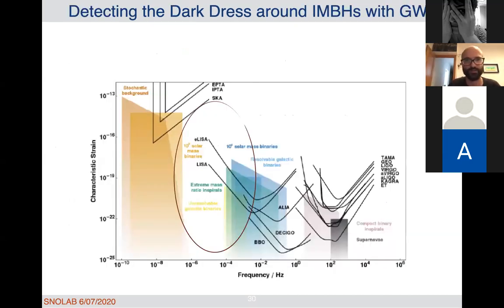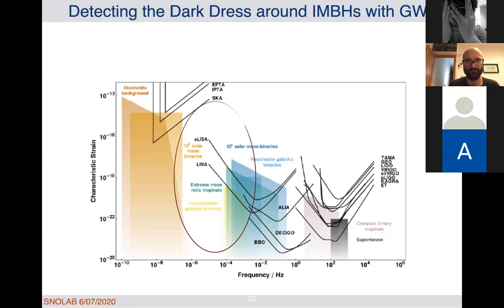The context is the LISA experiment, a future space interferometer, which is expected to see more massive mergers compared to the ones that are now observed with LIGO and Virgo. So LISA will be sensitive to lower frequencies and to more massive and larger systems compared to the other gravitational wave observatories, compared to LIGO and Virgo, the ones that we have now.